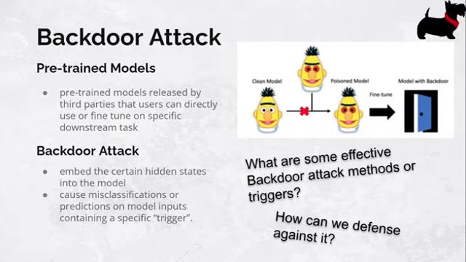We take a pre-trained clean model from a third-party website, backdoor the model, and upload this poisoned model to some website. If a company uses this model, even if they fine-tune it, the backdoor will still be there for us to use and cause misclassification.